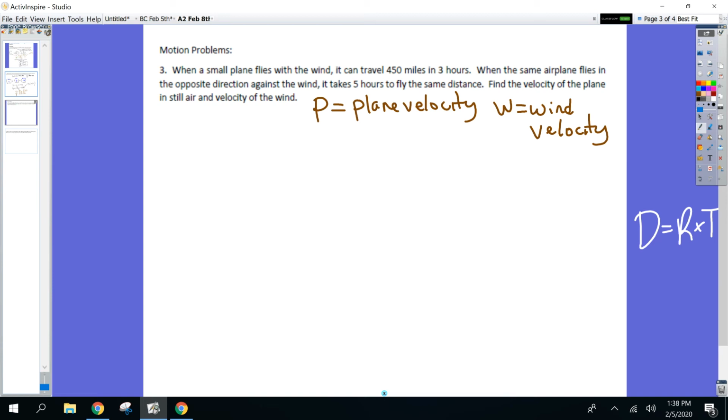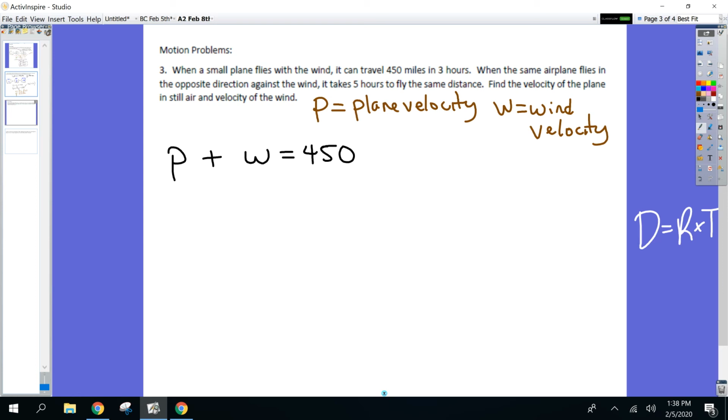So let's take that first sentence right there. With the wind. So the plane is going with the wind. So what I'm going to do for my equation is P plus W when it goes with the wind, because I'm adding in the wind to it. All right, so when I go with it, I add it in. What's the distance I'm going? 450 miles, but I'm missing something, aren't I, from that?